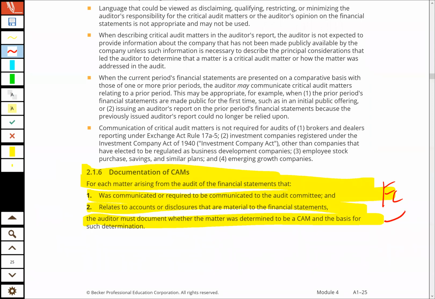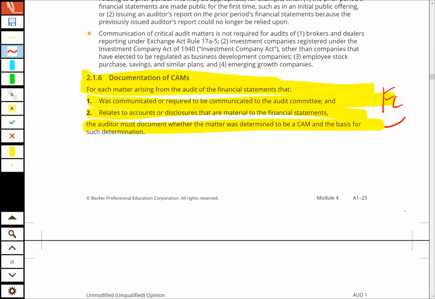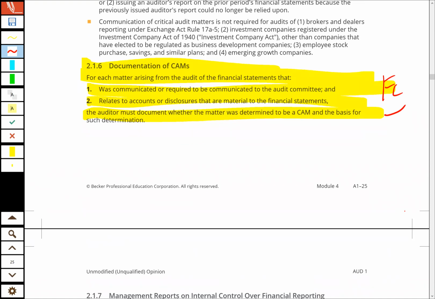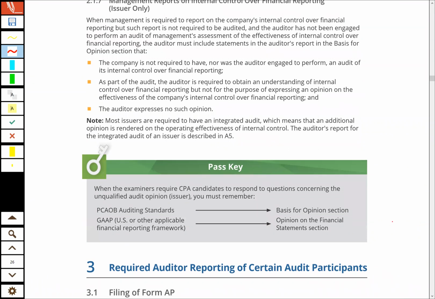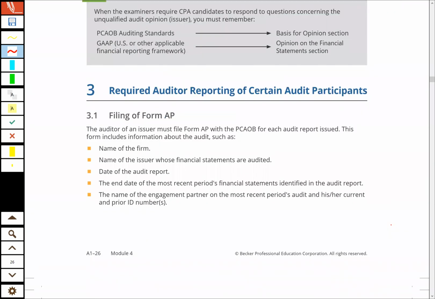So was the critical matter communicated to the audit committee, how it relates to disclosures in the financial statements, okay, and whether the matter was determined to be a critical audit matter and the basis for such determination. Okay, so that's that critical matters issue. I think you can tell that I'm not in love with that, but I think we got some of the key elements. All right.